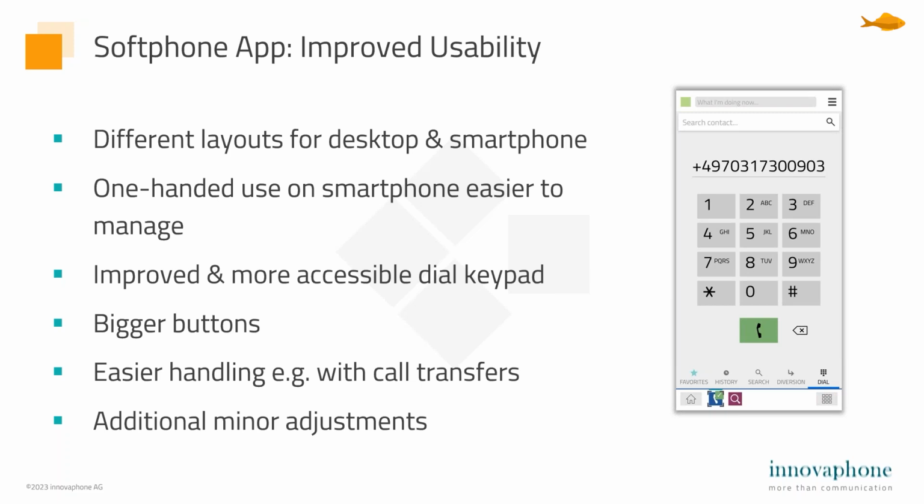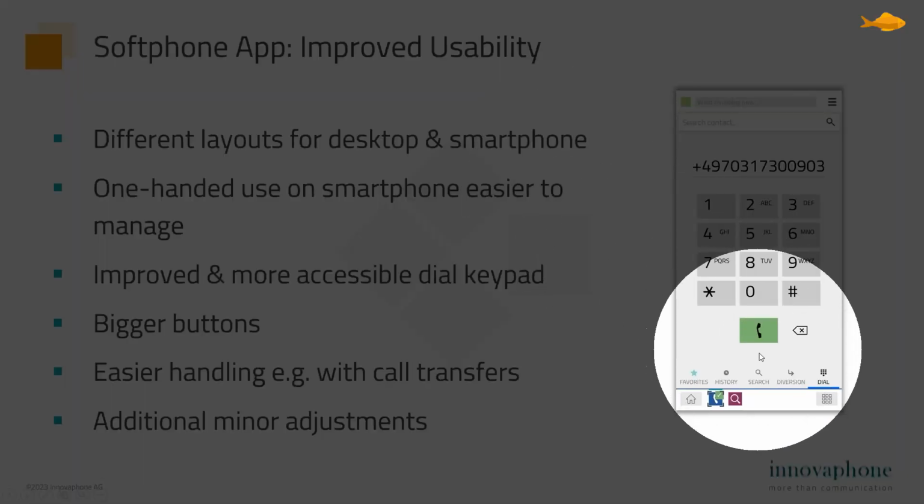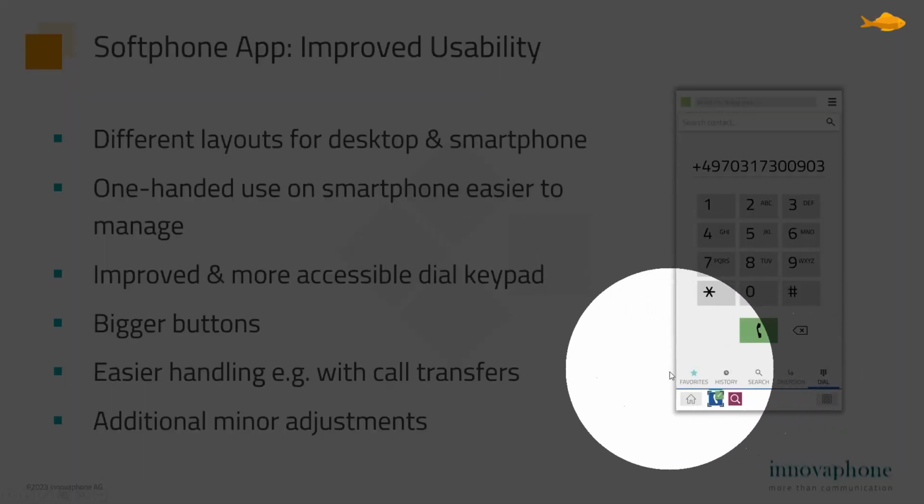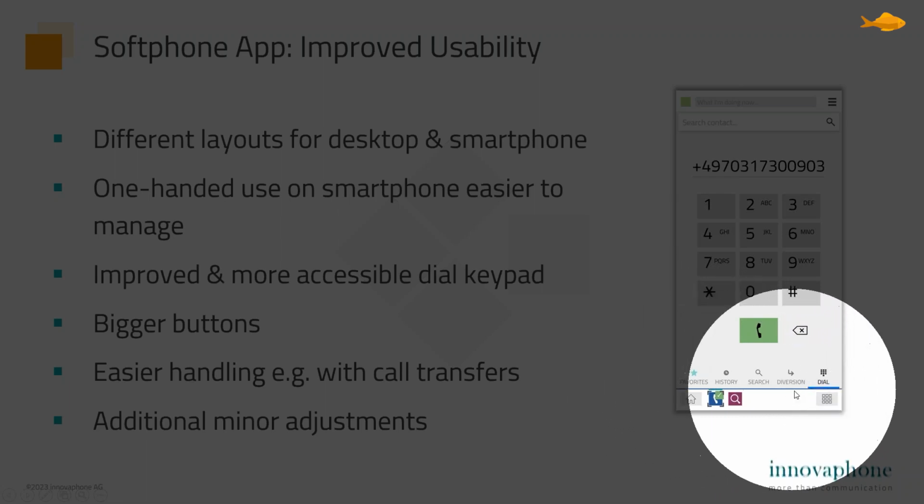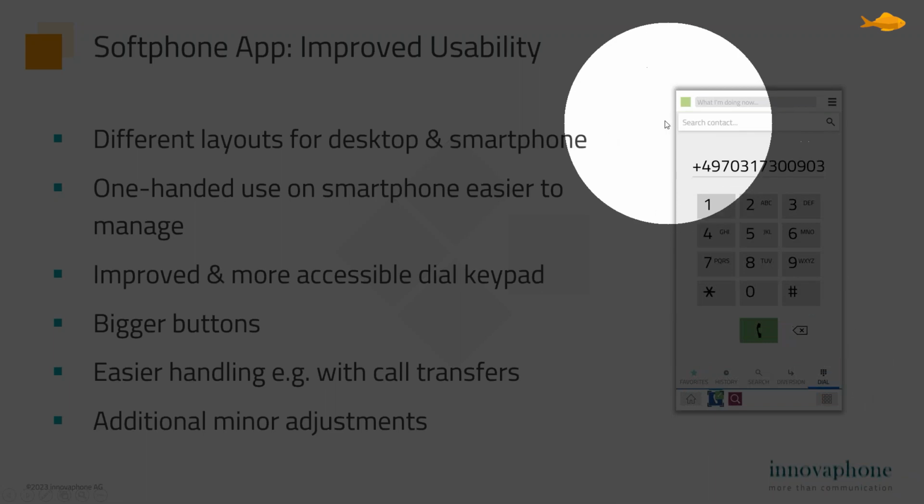And some of these new features include that we have increased the size of the dial pad or of the keypad. We have made the buttons bigger for people like me with fat fingers, so they can dial and press certain buttons more easily. On top of that, as you can see here in that screenshot, on the bottom right-hand side of the screen, we have switched those function keys to the bottom instead of the top.